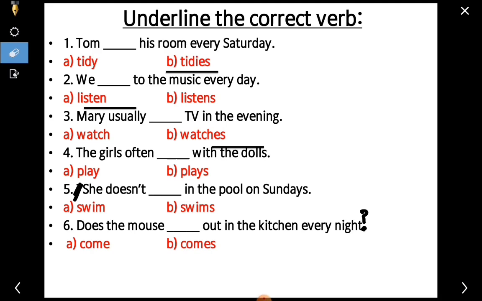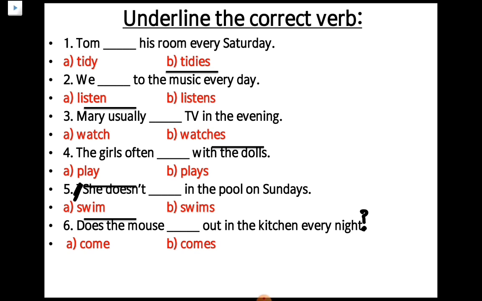Very good. Watches TV in the evening. The girl often plays with the doll. We have the girls. Pay attention with the S of the plural. So it is play. Right, play. Very good.